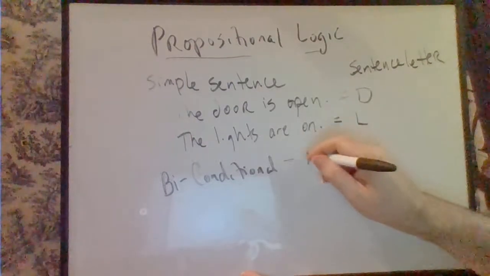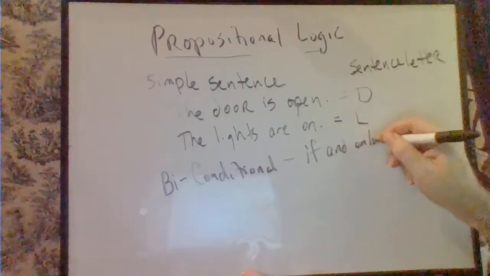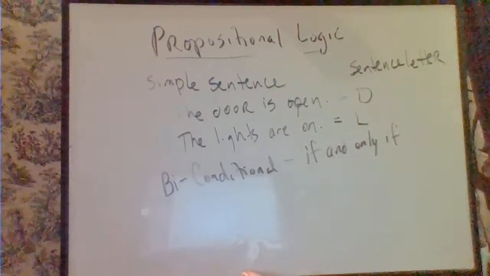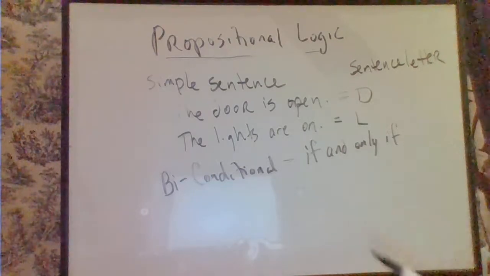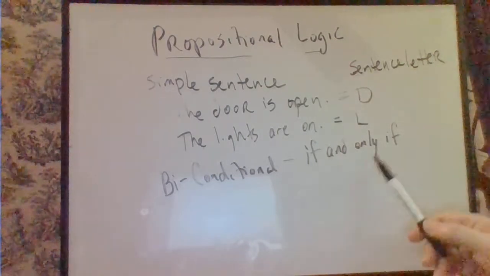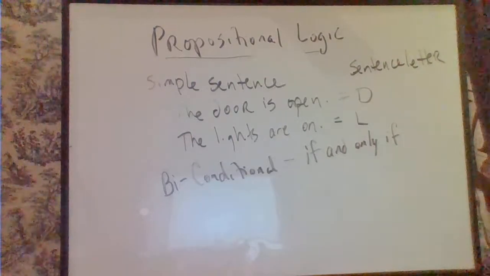And this one, what you're looking for are the words if and only if. Okay? If and only if. So notice what's happening here, right? If leads you to the antecedent, only if leads you to the consequent. And so it's telling you both of those are the case.